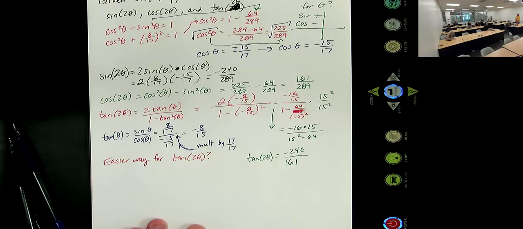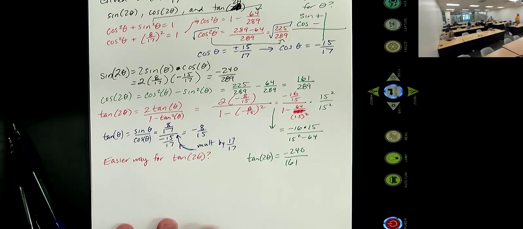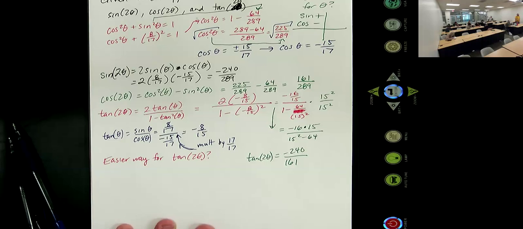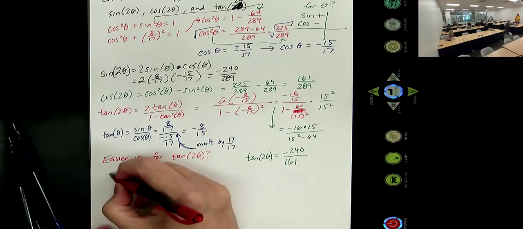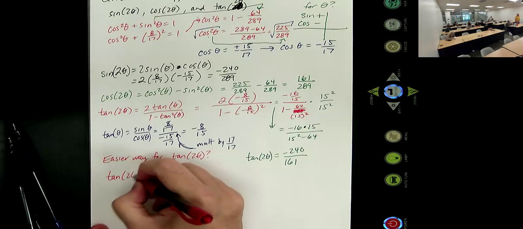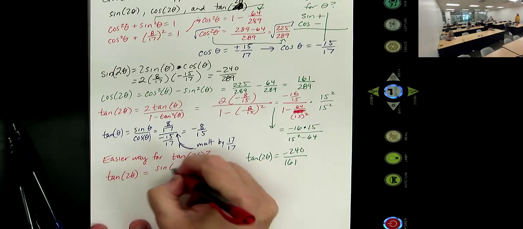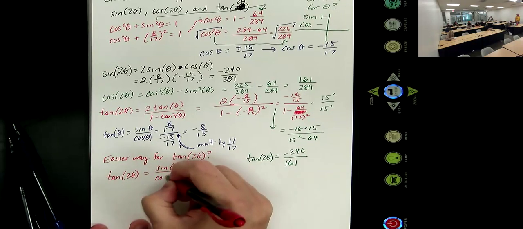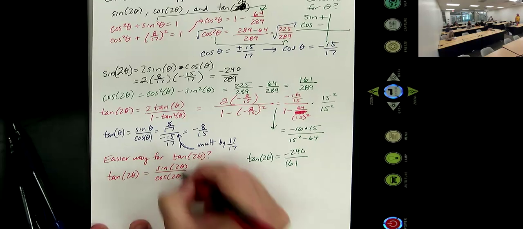And there is. Anyone think what it might be? One over the other. We could have just done tangent 2 theta equals sine of 2 theta over cosine 2 theta. We already calculated those.